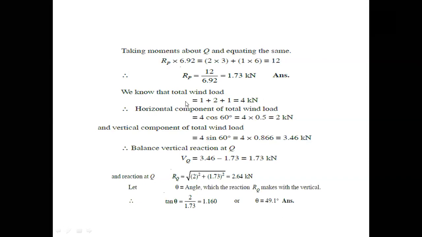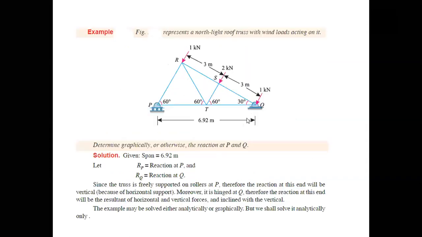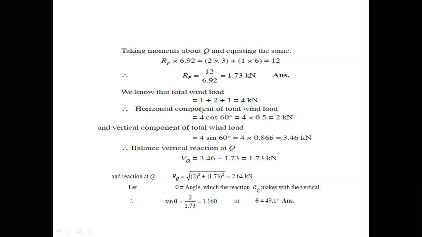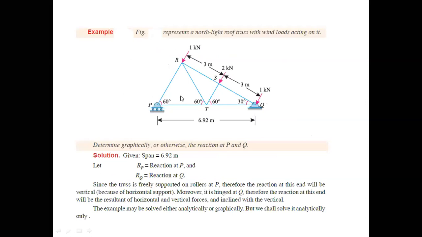This is a simple answer. Now the total wind load is 1 plus 2 plus 1, 4 kilonewton. These are the forces, the wind load on the roof truss. Now the horizontal component of the total wind load, and the angle here is 60 degree.